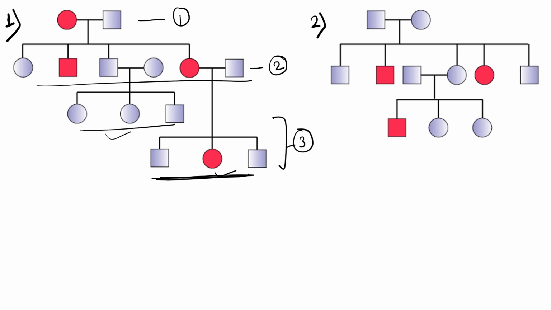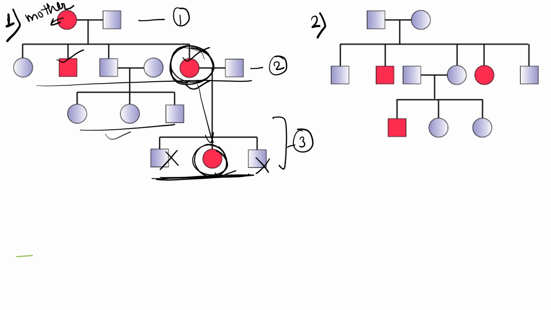Now we will see who is transferring disease to whom. Now here, who is affected? Mother is affected. She has passed this disease to her one son and one daughter. And this daughter has passed this disease again to only her daughter, not to her sons. That means this can't be X-linked disease because a mother has passed it to her daughter, that is to the same gender.